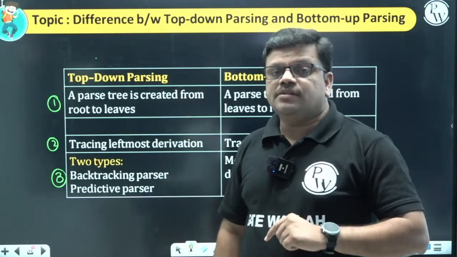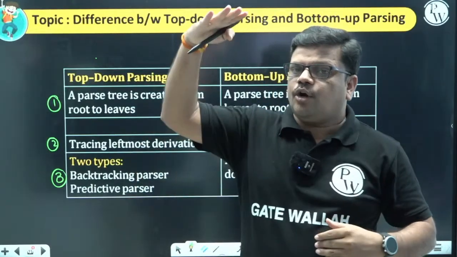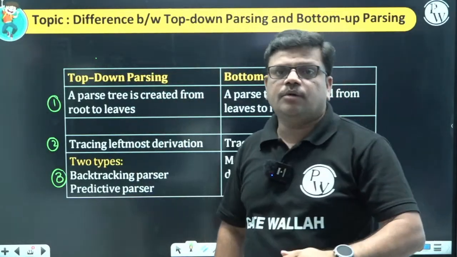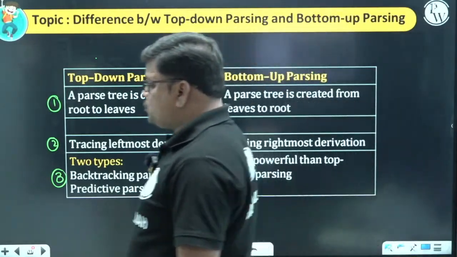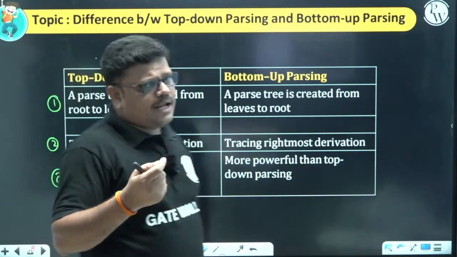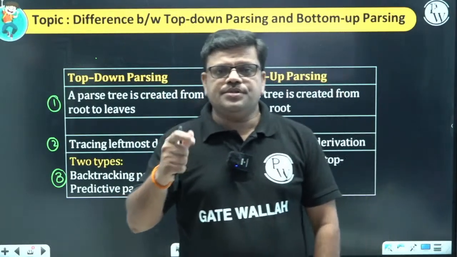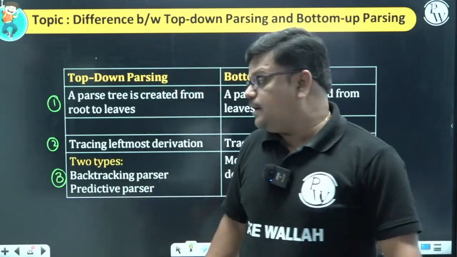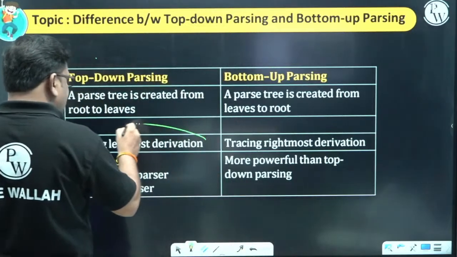The bottom-up parser starts at the bottom and goes to the top. The names themselves say it. Next one is derivations. In grammar class we discussed there are two varieties of derivations, leftmost derivation and rightmost derivation. Top-down parsers use leftmost derivation.